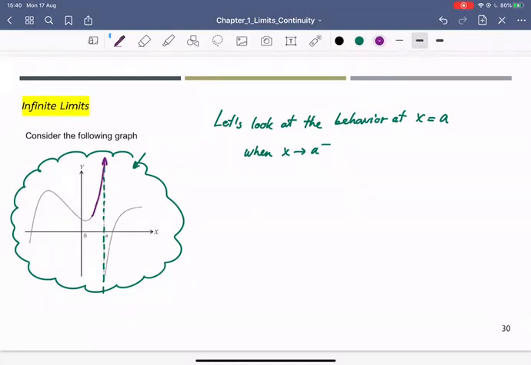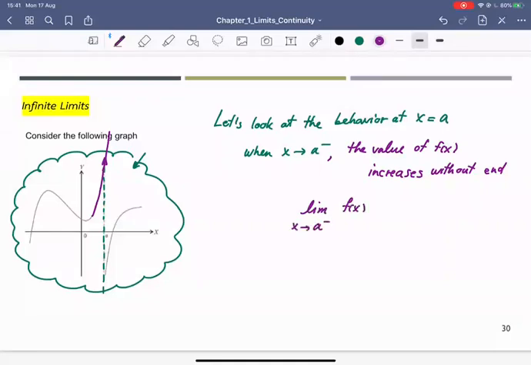When x goes to a, the value of f(x) increases without end. It just goes up and up to plus infinity. So the limit of f(x) when x goes to a from the left is equal to plus infinity.